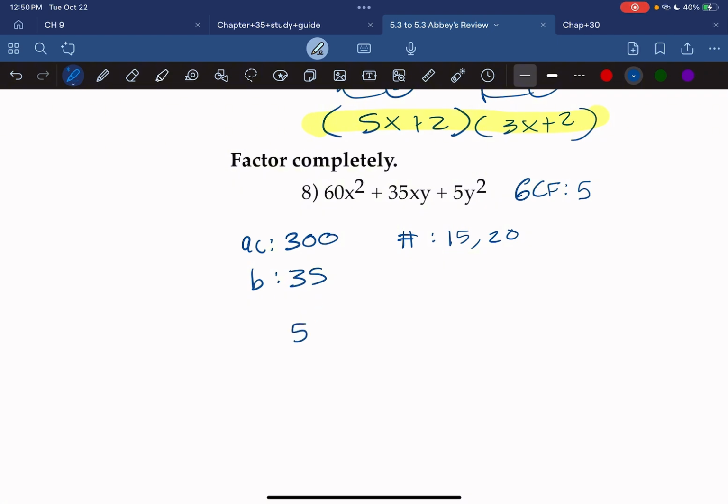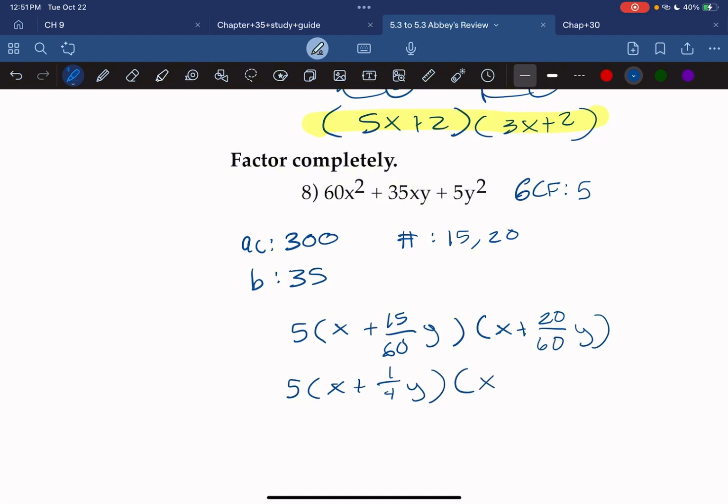We write our GCF up front, and then we do x plus blank y, x plus blank y, because we have an x and a y. And then we are going to write the numbers that we found up top and our a on the bottom. Now we divide. X is going to be 1/4.